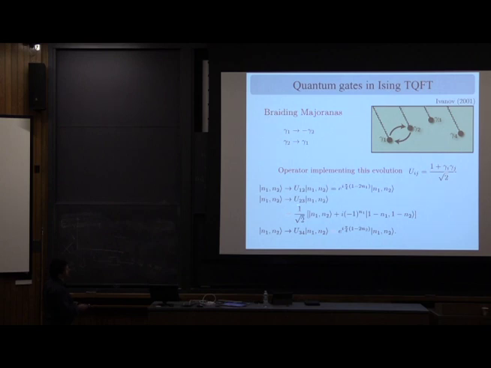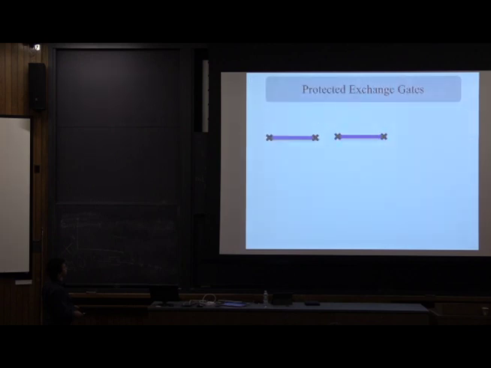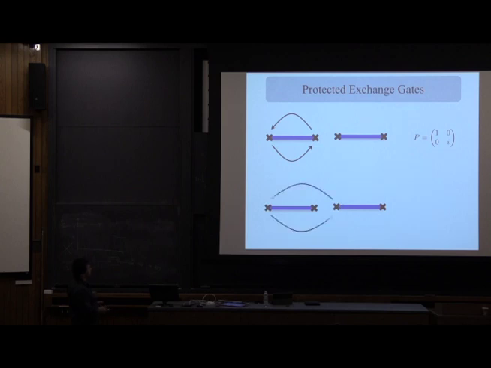We can have some non-trivial operation that actually leads to a different state, and then another pi over 2 rotation. So let me recapitulate. If we encode our qubit in 4 Majoranas, we can exchange these two. Again, this is just a pi over 2 rotation. And we can exchange the Majoranas that belong to a different pair, and that's equivalent to having a Hadamard gate.